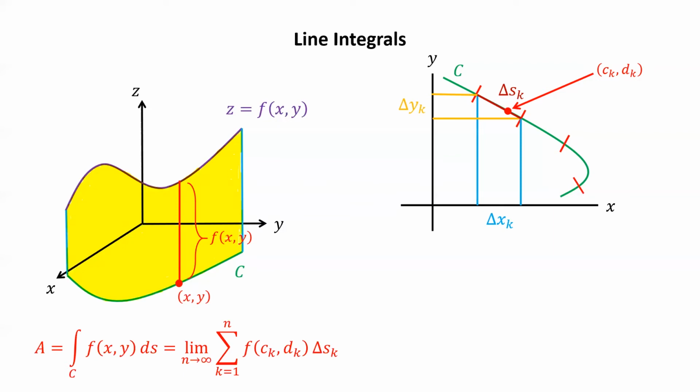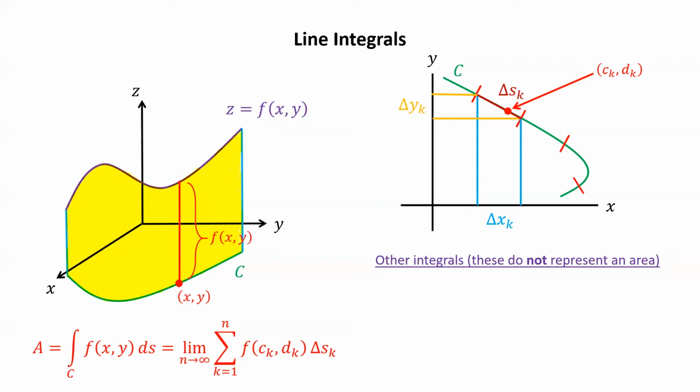If we add all of those up, add up all the f of c_k, d_k times delta s_k, we get an approximation to the area of the whole sheet. Taking the limit as n goes to infinity of this process gives us the exact area. And we call that the line integral over C of f of x, y ds.